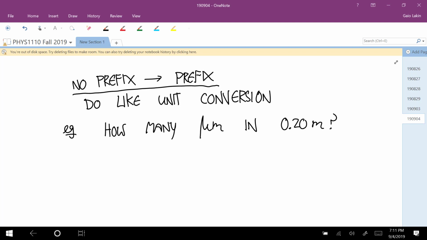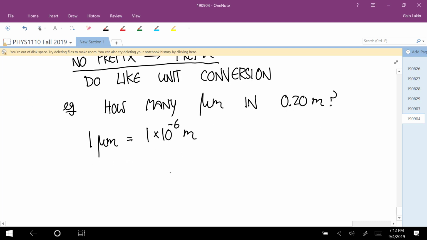So the way we want to do this is we're going to use the definition of that prefix to give a conversion factor, and then we'll just do it like a unit conversion. So we know that 1 micron is 1 times 10 to the minus 6 meters. I did that just by replacing the micron, the mu, with times 10 to the minus 6. And now we have our conversion factor. And now we can say 0.20 meters.